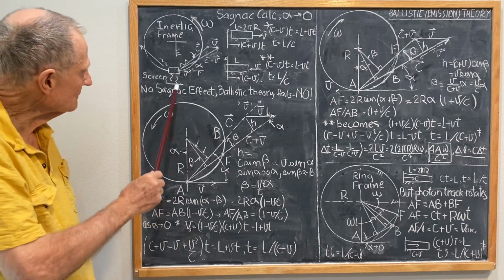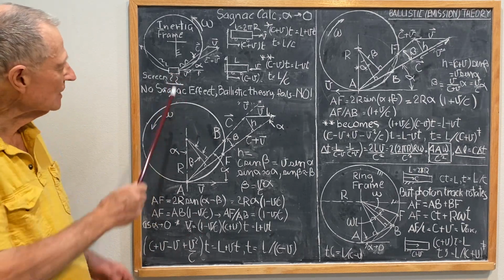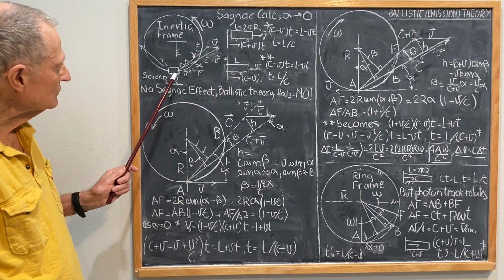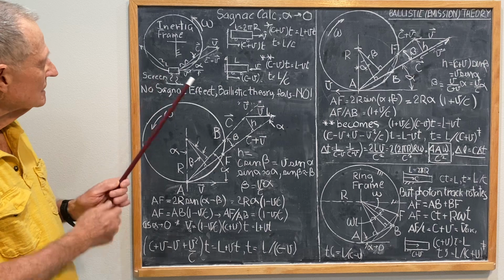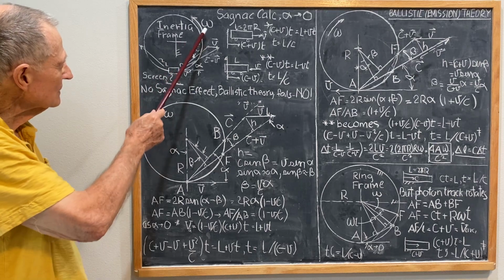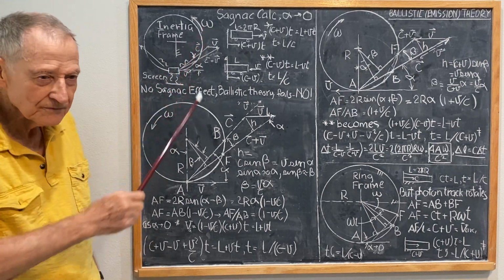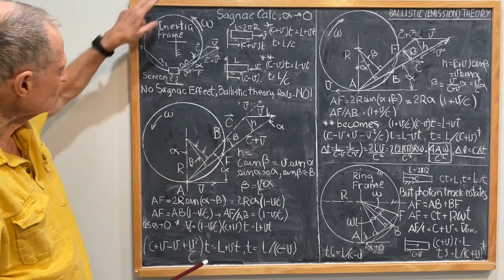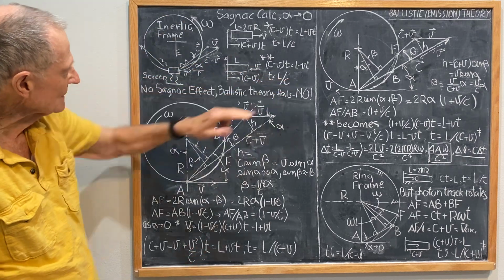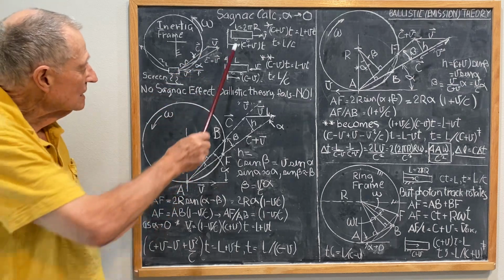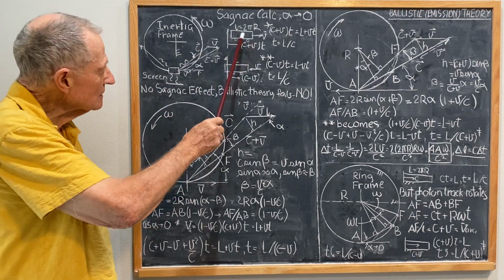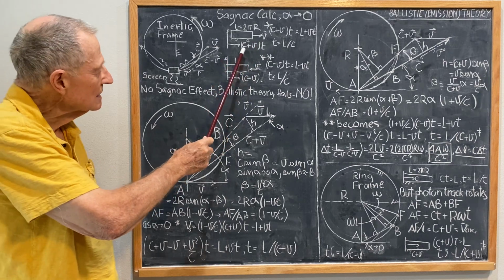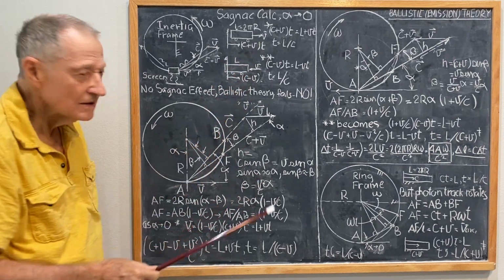In which case, what we have now is a photon with absolute velocity c plus v running after a ring that's rotating at angular velocity omega. If we uncurl the ring into a straight line, it's the same problem as a train going at velocity v that's being chased by a photon going at velocity c plus v.